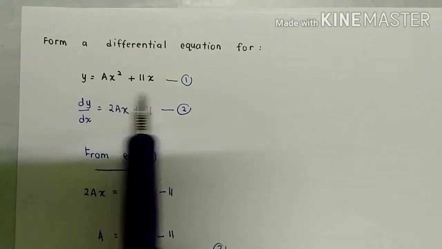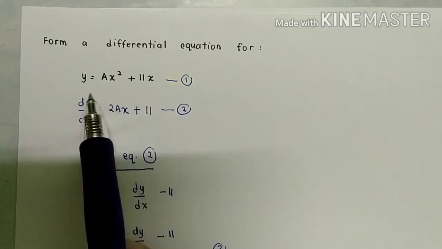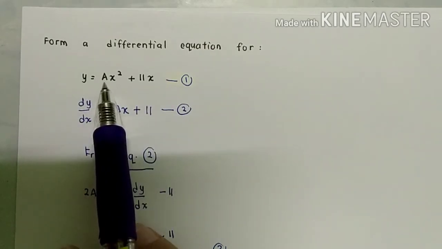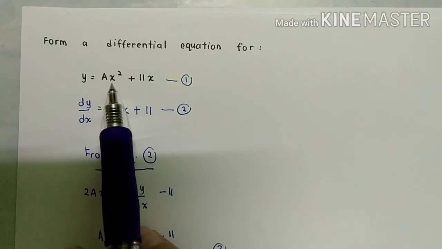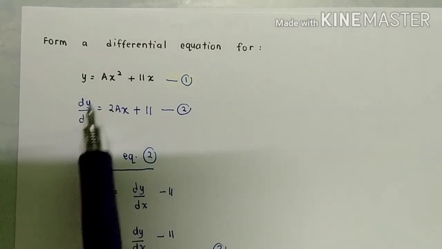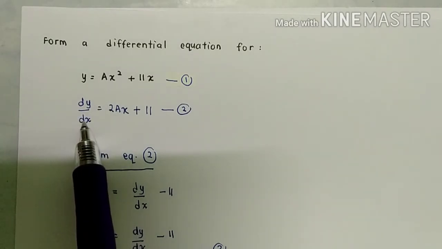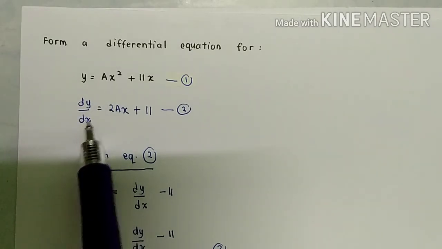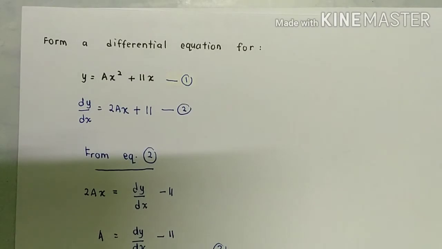So in this equation, we have a instead of y and x. So if we have a, we just differentiate this equation once. That means we must find dy dx only, and then we can form a differential equation.